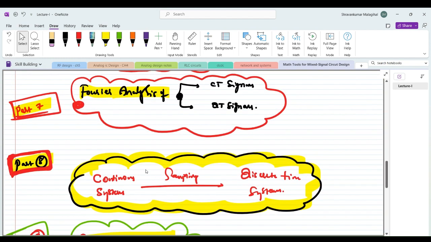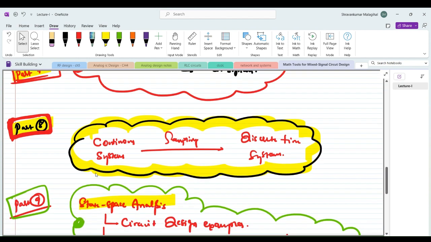In part 7, this is a very interesting concept: Fourier analysis of continuous time systems. We'll study side by side the Fourier analysis of continuous time systems and discrete time systems. We will see how these both differ and which one has more advantage.